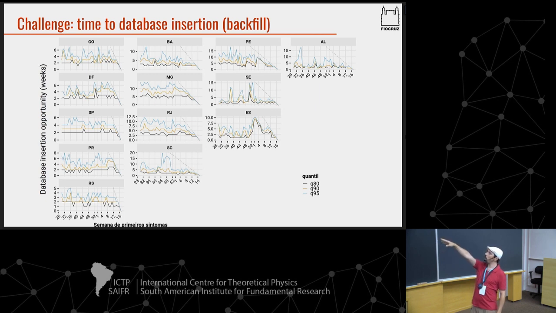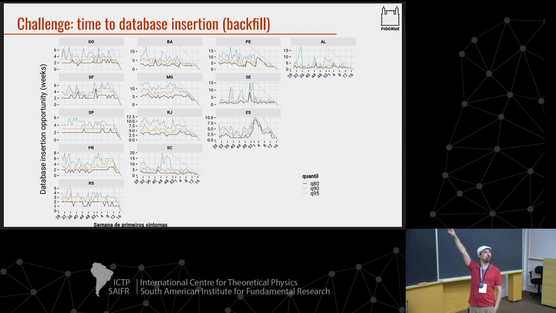The yellow or golden line is how many weeks we have to wait to reach 90% of all the cases that happen at that particular week. And in blue, how long it took to reach 95% of all the cases that have been notified at any particular week, okay? So you can see that not only do we have heterogeneity in space, right?